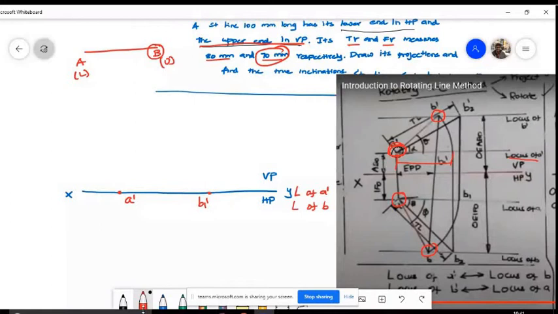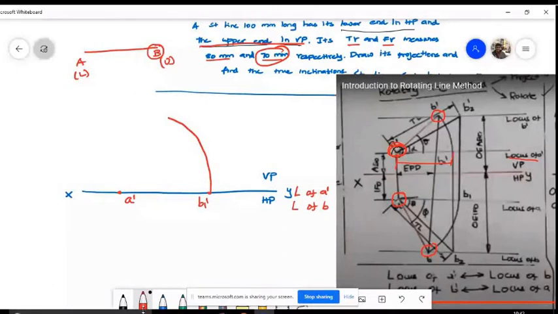So keeping A dash as the center, you rotate something like this with a radius of 70. Am I correct? Yes, sir, explain once again.